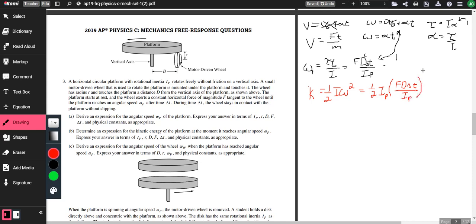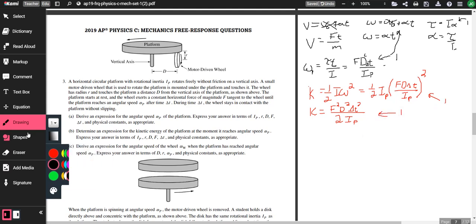So the F stays squared, the D is squared, the delta time is squared, and the I_p was squared, but since there was an I_p in the numerator, that cancels out one of them. So it'll end up being equal to this. This was another 2-point question, 1 point for this, 1 point for that.